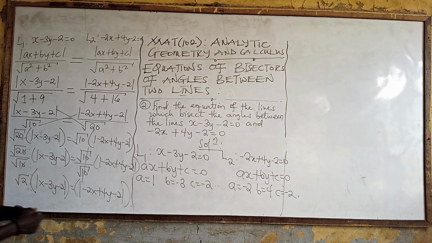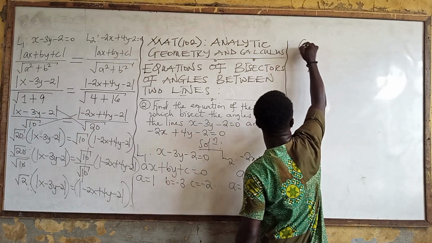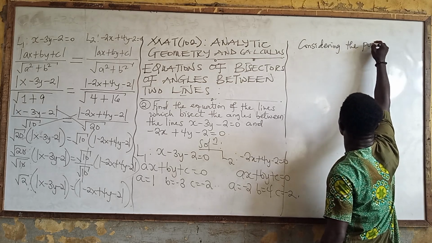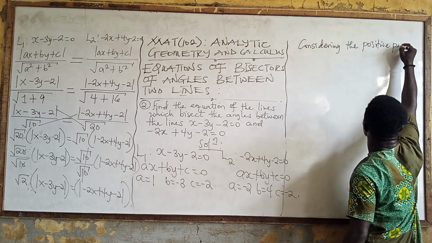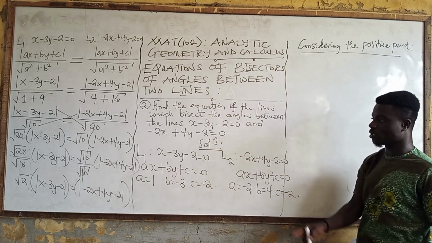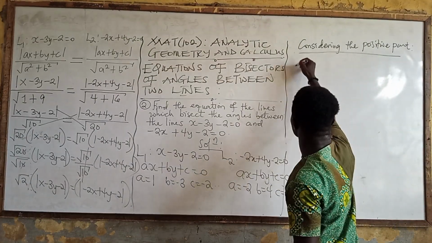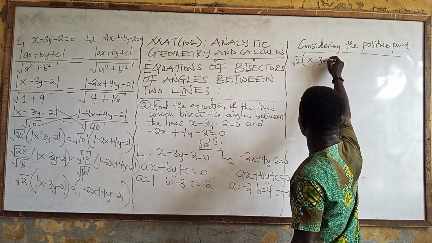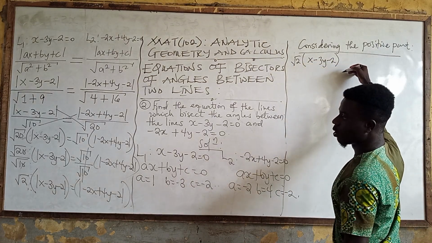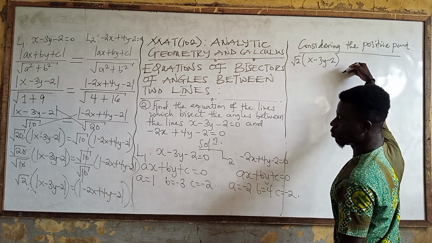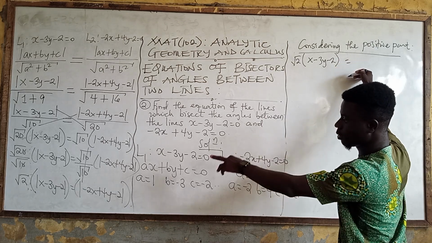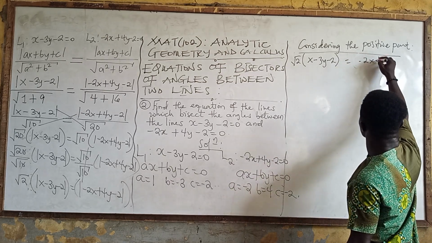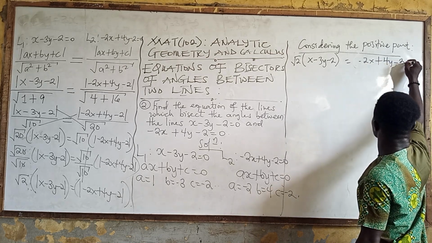So considering the positive part, we get square root of 2 multiplying x minus 3y minus 2, which must be equal to negative 2x plus 4y minus 2.